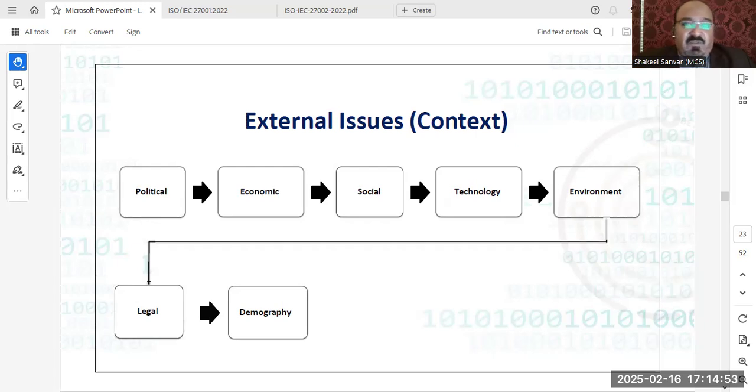Threat landscape: evolving cyber threats such as phishing, ransomware, and advanced persistent threats, APTs, risks posed by external attackers, including nation states, competitors, or activists.